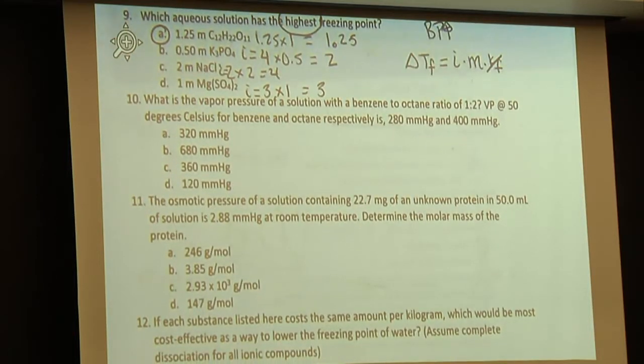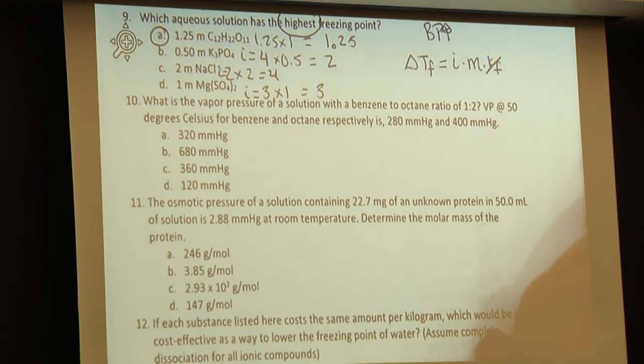All right, so it's asking, what is the vapor pressure of a solution with a benzene to octane ratio of 1 to 2? The vapor pressure at 50 degrees Celsius for benzene and octane will be respectively 280 millimeters mercury and 400 millimeters mercury. So this is also chapter 12, or 13 in your new book.